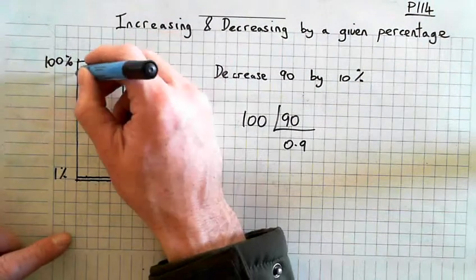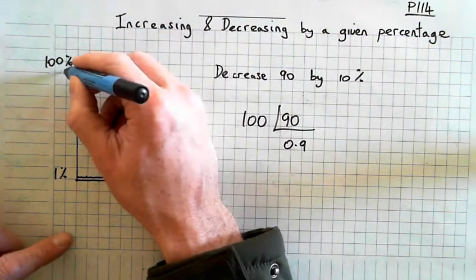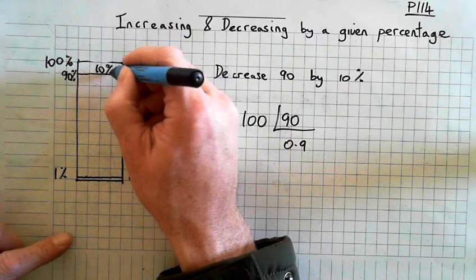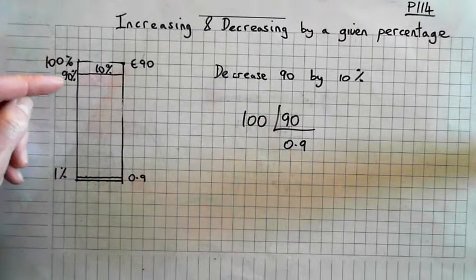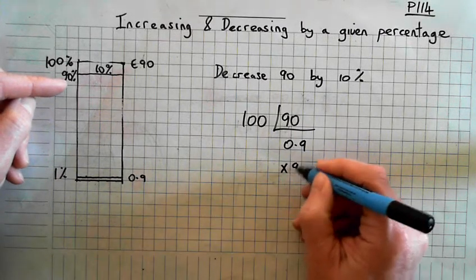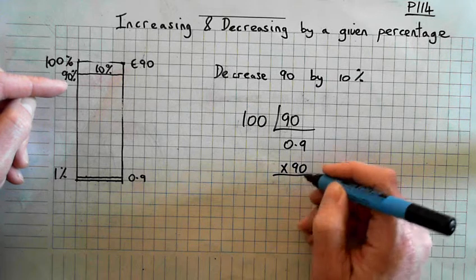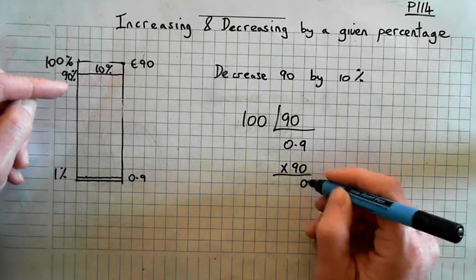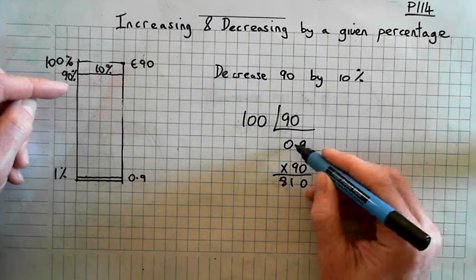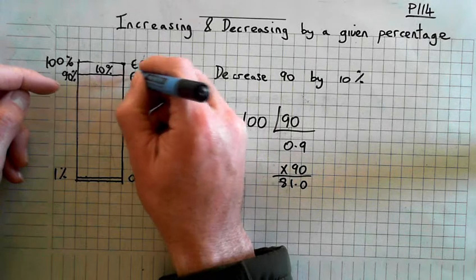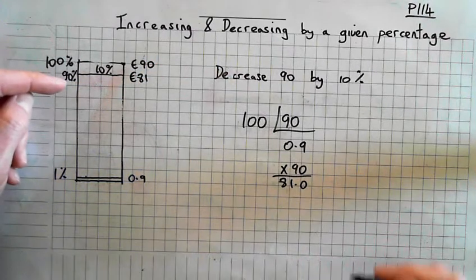So now we're actually looking for 10% less. We're actually looking for 90%. So I'm going to multiply by 90. 9 nines are 81, and there's one decimal point. It's 81. So my answer is €81.